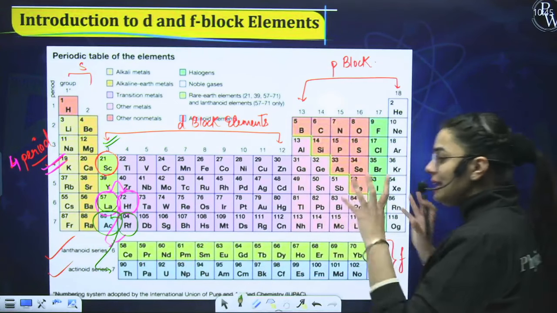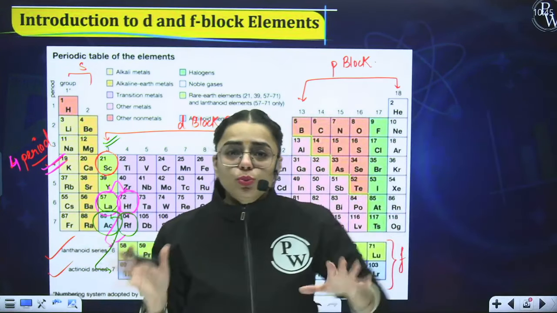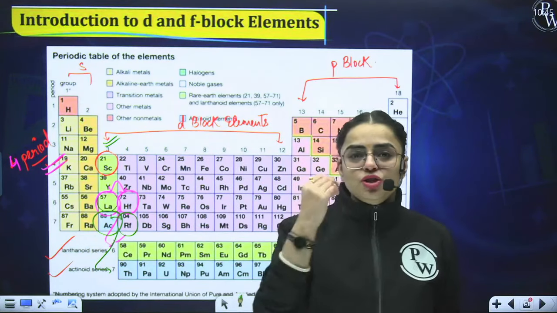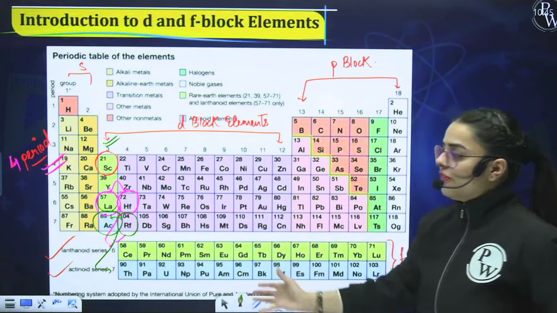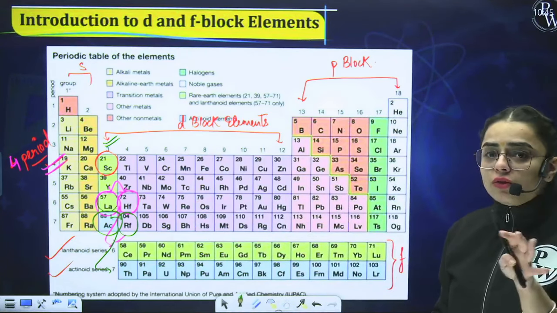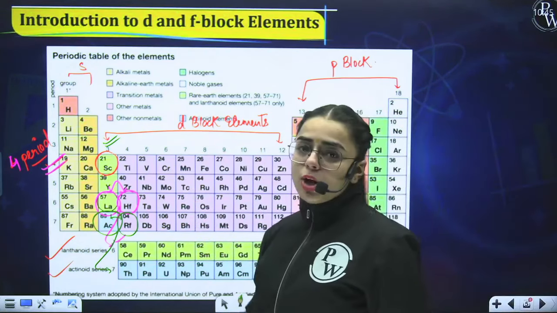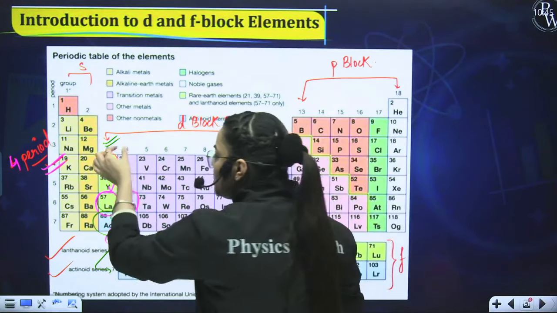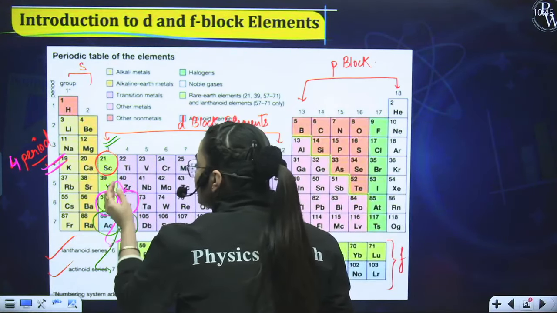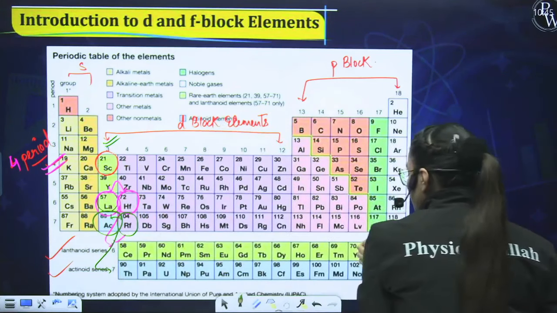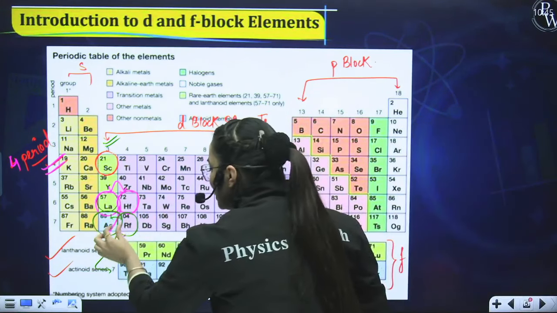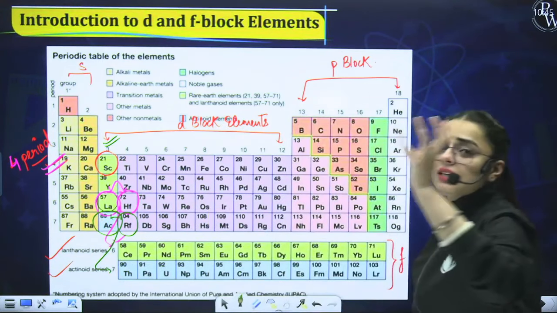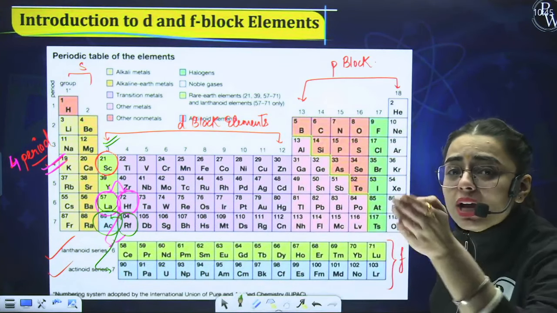So in this particular session, we shall start with the D block elements, though I wanted to give you a general introduction to the D block and the F block. Now you know that the D block elements start from group number 3 to 12, but in group number 3 we observe that from atomic number 58 to atomic number 71 and from atomic number 90 to atomic number 103, there are other elements that come under the category of F block elements.